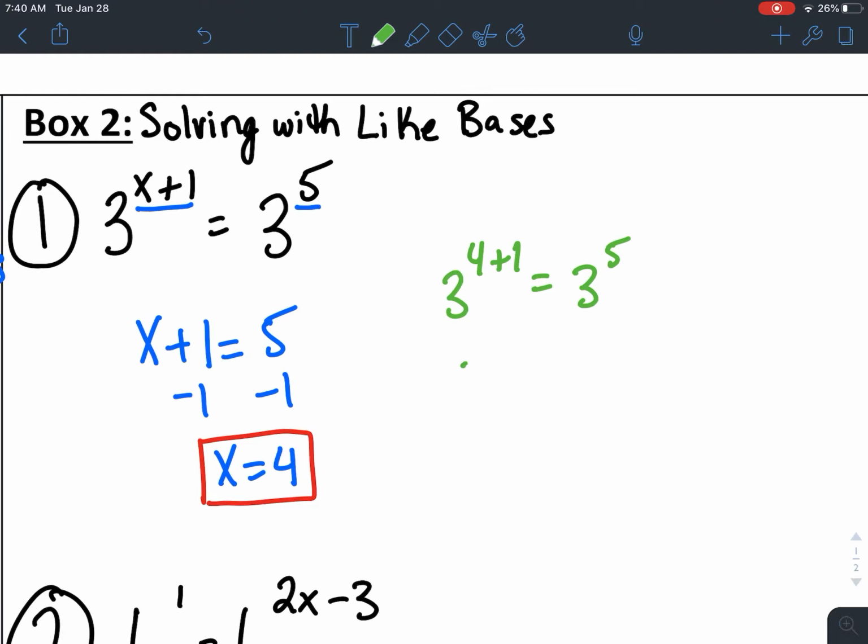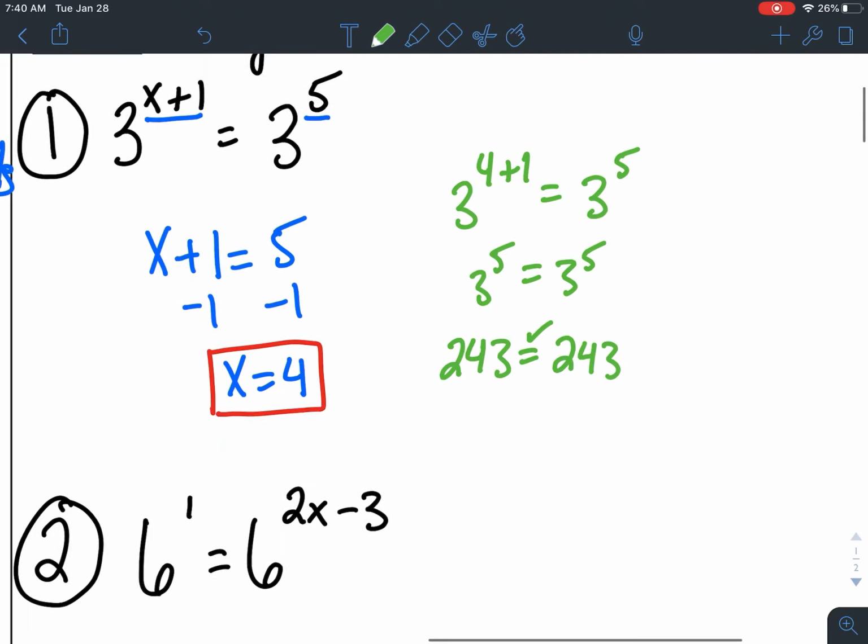So here we get 3 to the 5th power equals 3 to the 5th power, which is 243, I think? 243. Right, because 3 times 3 is 9, times 3 is 27, times 3 is 81, times 3 would be 243. So it works, so we're good.